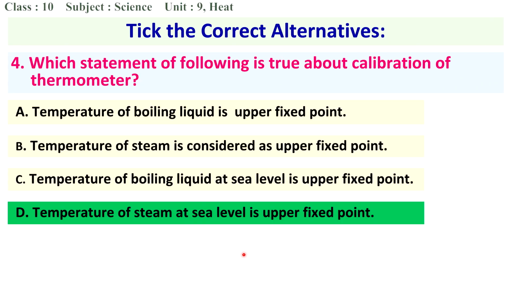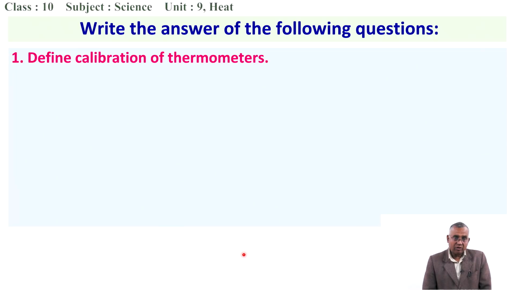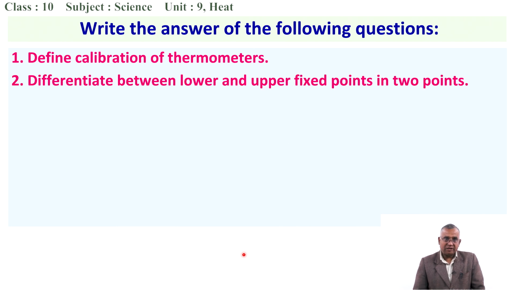Okay, students. Now here are some questions to which you have to copy and write answers to show your teachers. Yeah. So first question is, define calibration of thermometers. Very easy question. Next, differentiate between lower and upper fixed points in 2 points. Only 2 points.